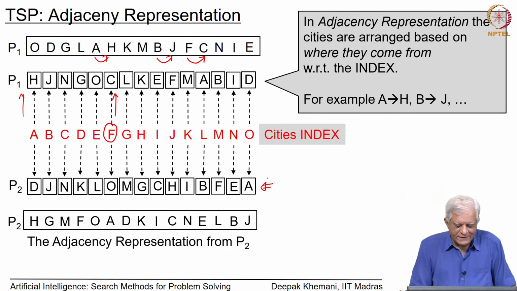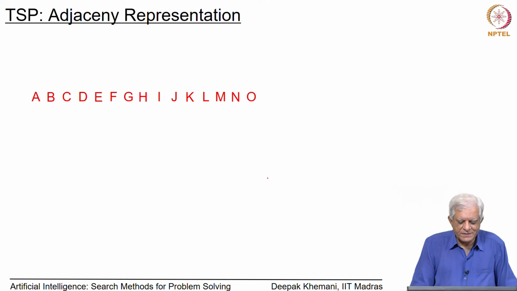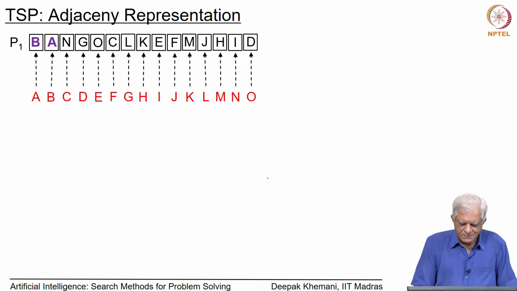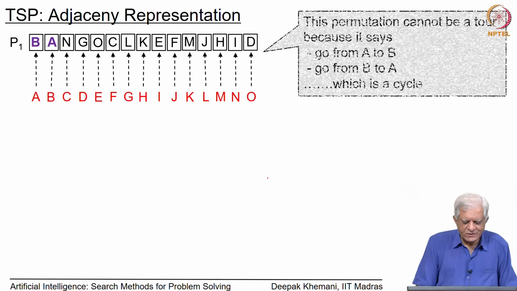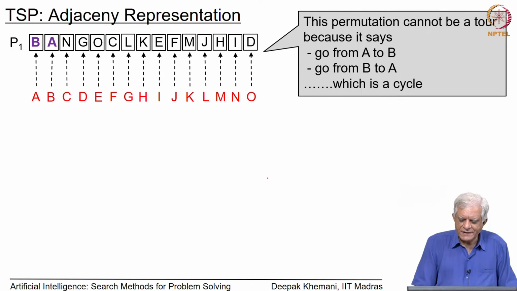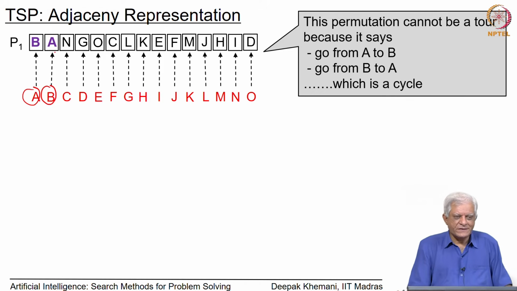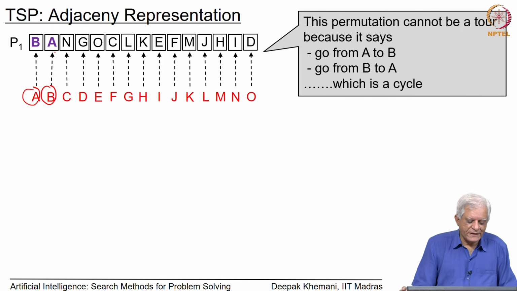Now, there is one thing that one should be a bit careful of. Look at this particular tour. If we create a permutation which looks like this, BANGOC and so on, this permutation cannot be a tour, because you are saying that you go from city A to city B, and from city B you go to city A, and that you can see is a cycle in the path representation.